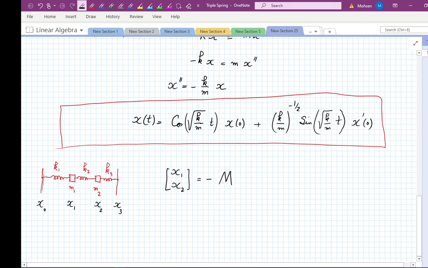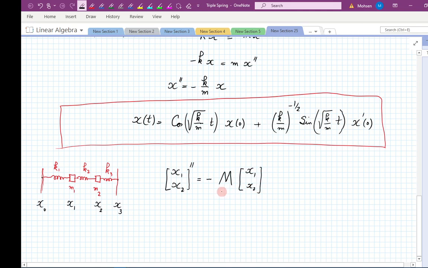I'm going to explain that later on. So this equation, instead of x double prime, becomes the derivative of a vector is equal to minus a certain matrix times that vector. Okay, so put your curiosity about M aside. I'll come back and explain that.